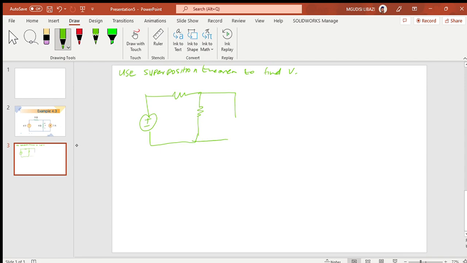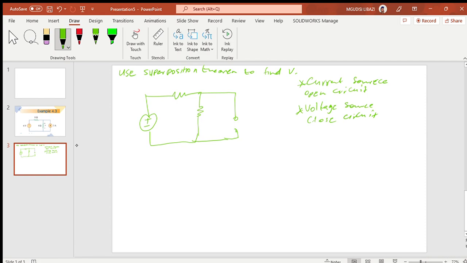Now in the superposition theorem, for a current source, we actually open circuit, and for a voltage source, we actually close circuit.